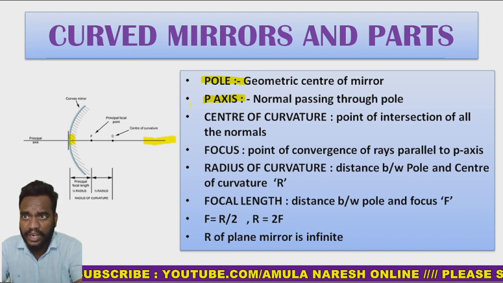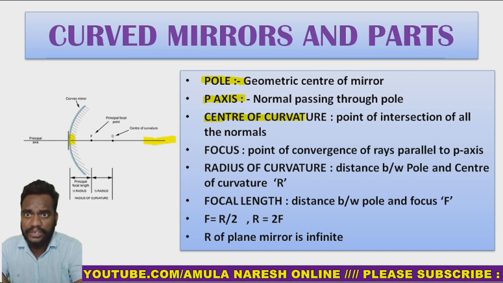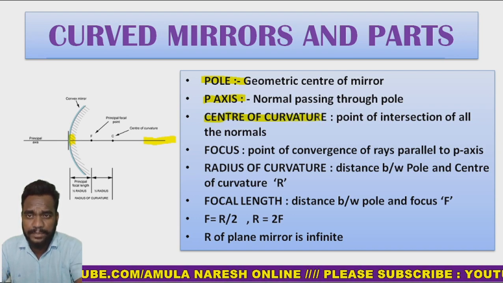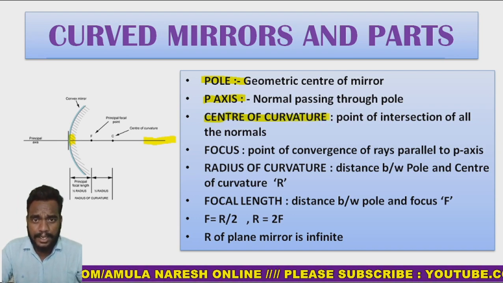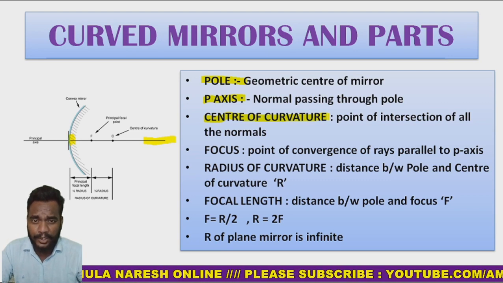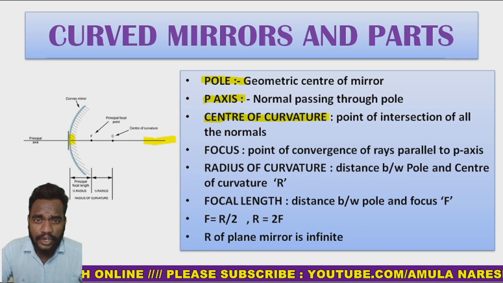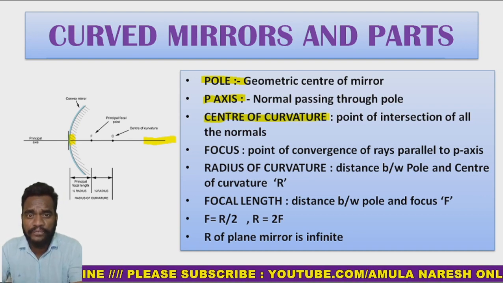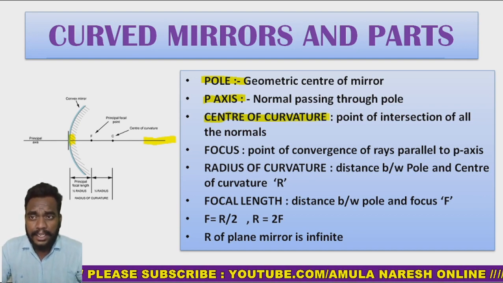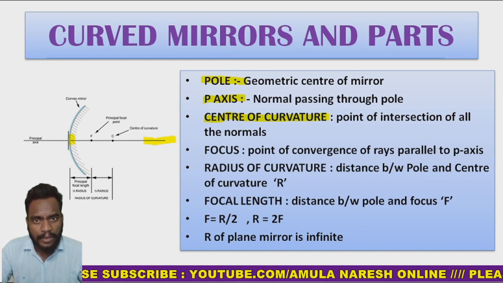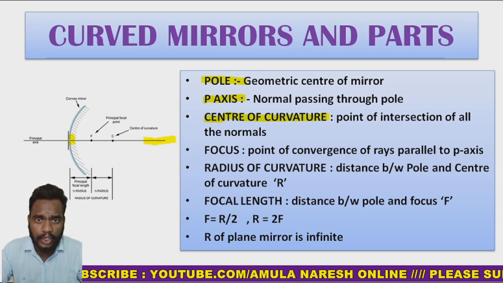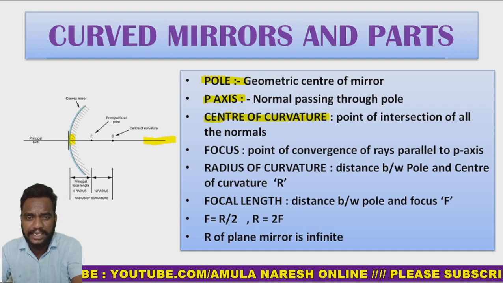Then what is center of curvature? In the last video we learnt about the center of curvature of different mirrors like concave and convex mirror. In a concave mirror, all the normals intersect at a point on the principal axis, and that is called the center of curvature. In the case of a convex mirror, the extended rays of normals will intersect at a point on the principal axis, and that is called the center of curvature.